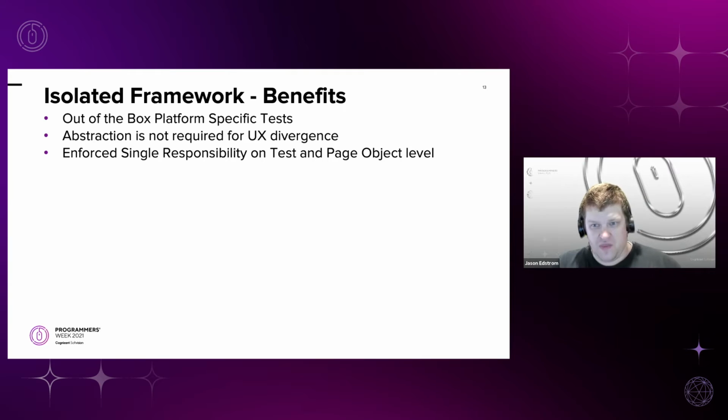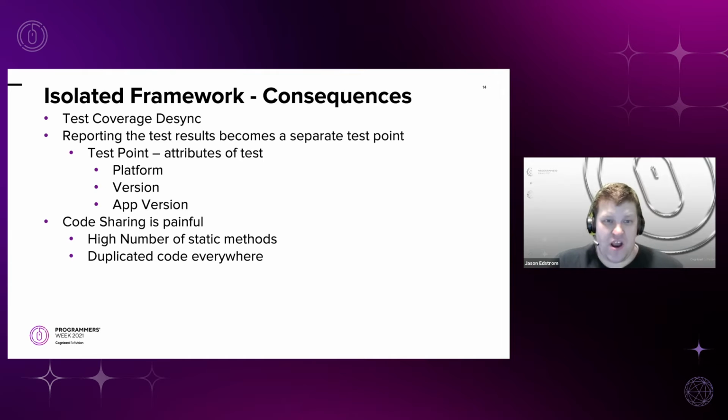So that's the big piece that we get, that single responsibility enforcement, but it's because of the duplication, because you're technically duplicating your work. And then your consequences are your test coverage desynchronization, whether or not that specific test is already covered on the Android side or the iOS side when it's already living in the opposing side.